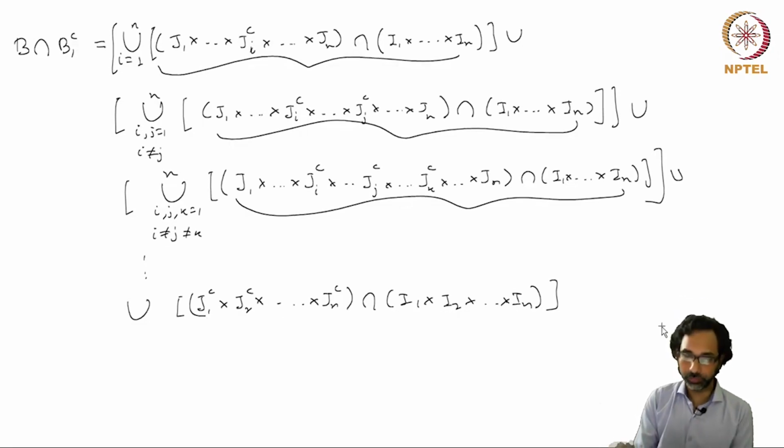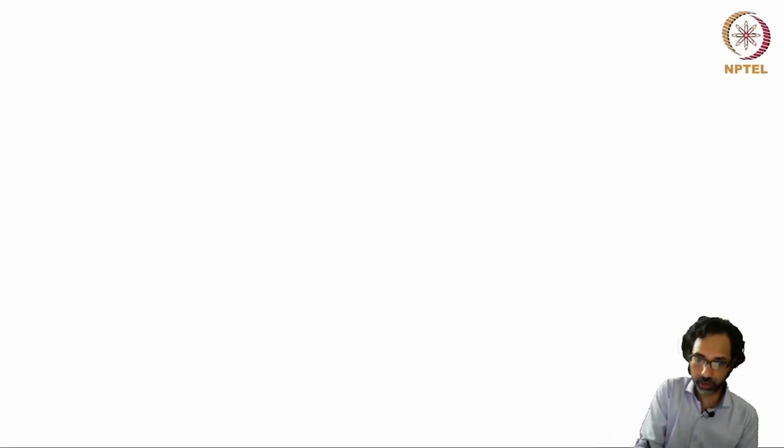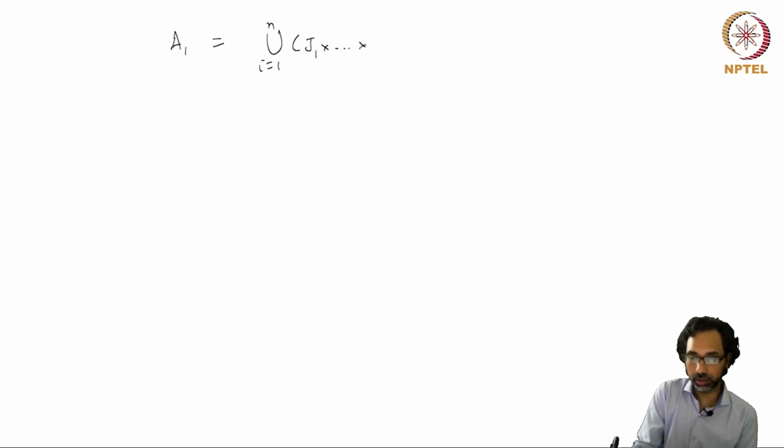So let's consider, for example, unions from the first group. Let's call this set A1. So our A1 is a union i equal to 1 to n of J1 cross Ji complement cross Jn, intersection with I1 cross In.